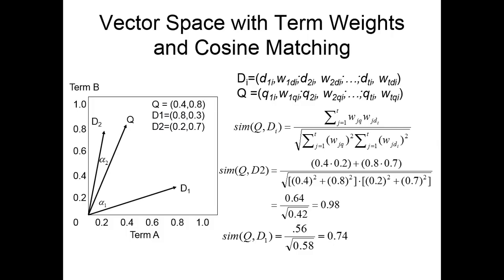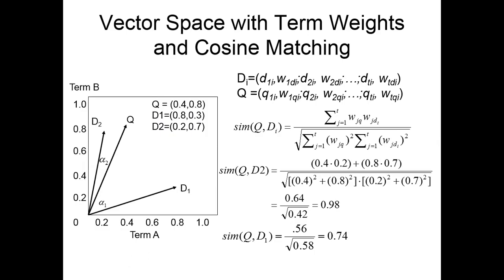So unlike the Boolean model, which evaluates every document based on query terms, here we are evaluating by comparing queries based on the terms they contain and the documents based on the terms they contain.